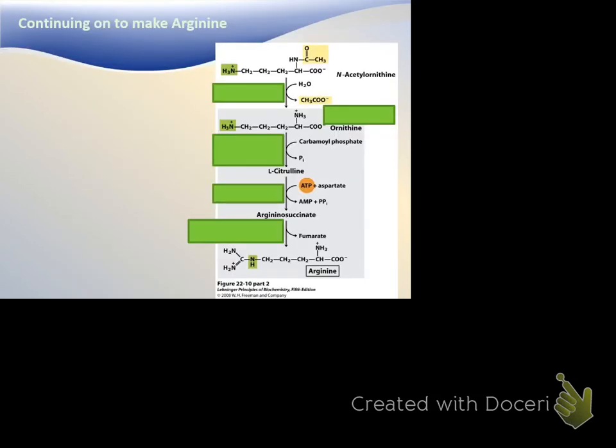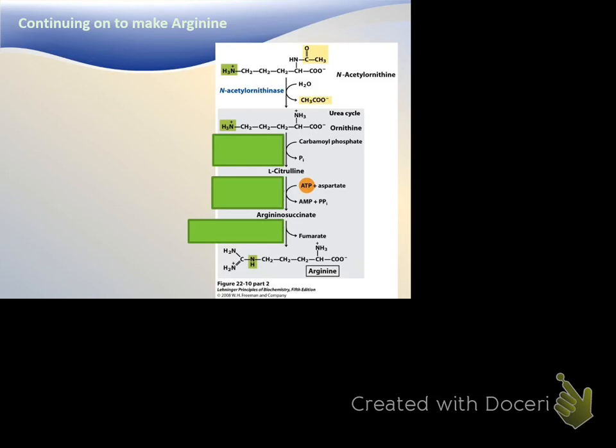Because now we take N-acetyl ornithine and we remove the acetyl group. So we deacetylate it. And this one's got a special name. You know those that have the special names where we've hydrolyzed or broken them apart, like argininosuccinase, and so on and so forth.